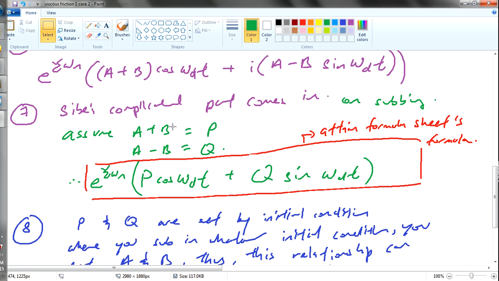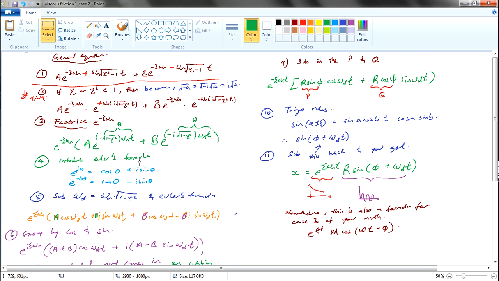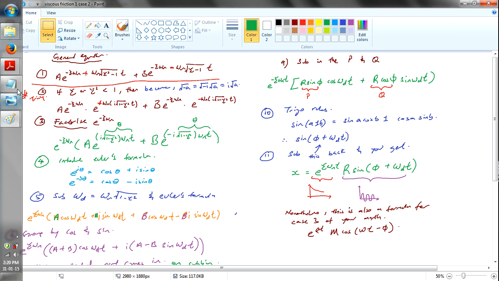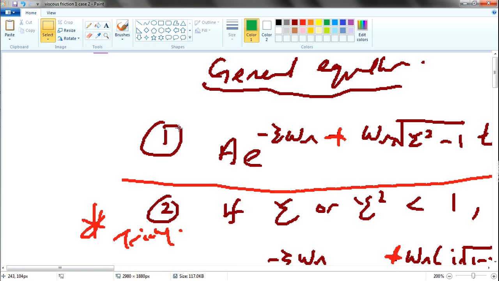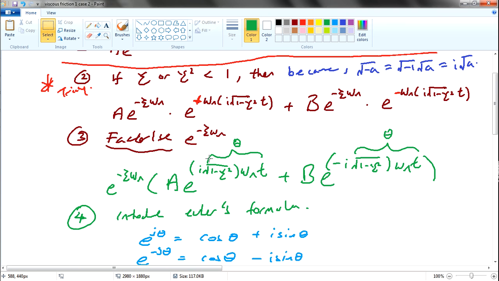To summarize again, in this video I'll just talk about how to derive until here. You have a general equation and you sub in your damping factor. Then you deal with the complex number issue and bring out the common term.